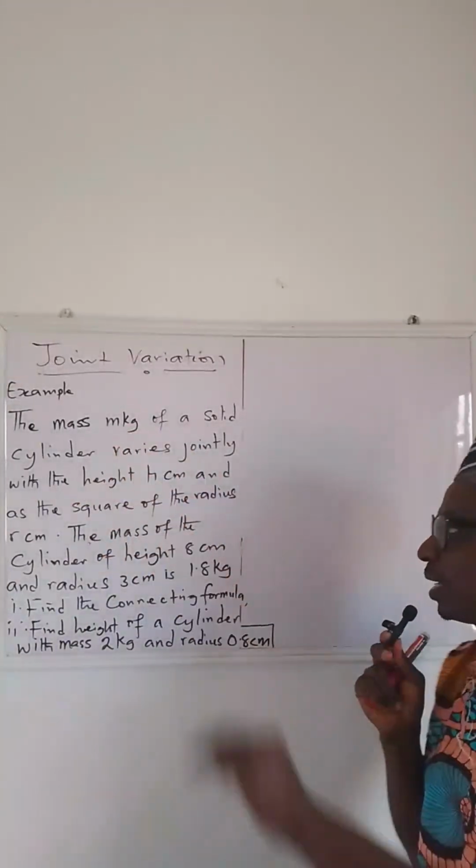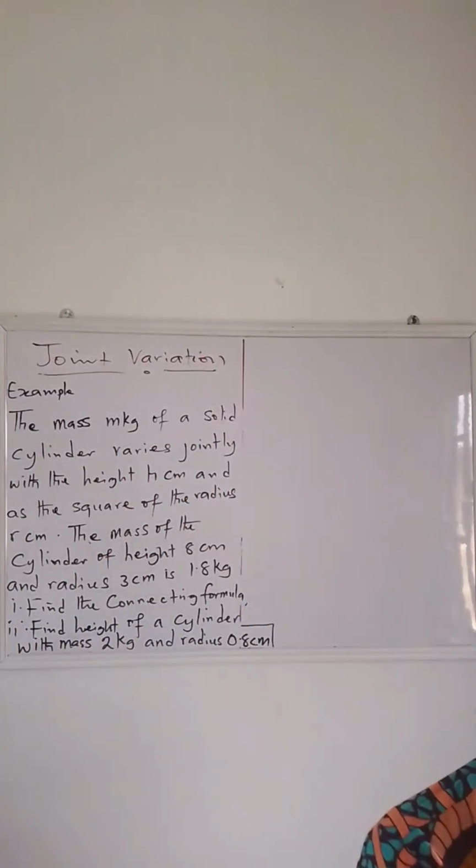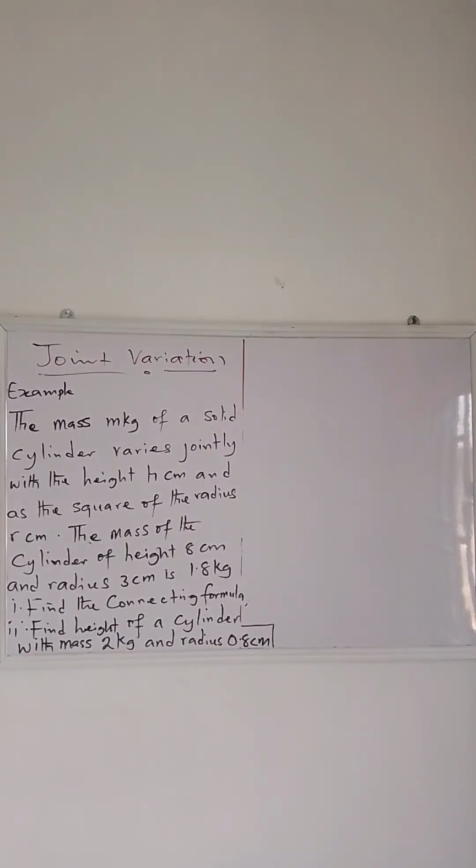Is anybody giving me the answer? I just need like 2 people giving me the answer and I will move forward. I want to see the first person that is going to give me the correct answer to my question.